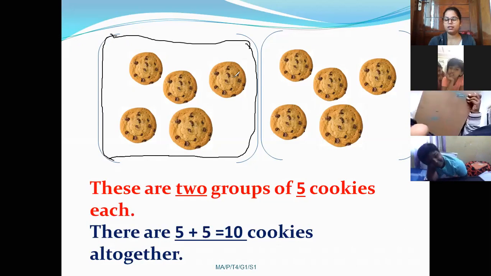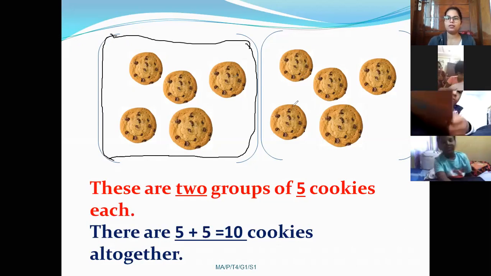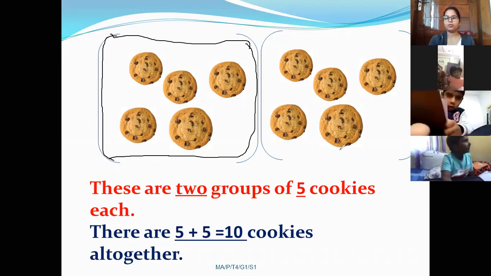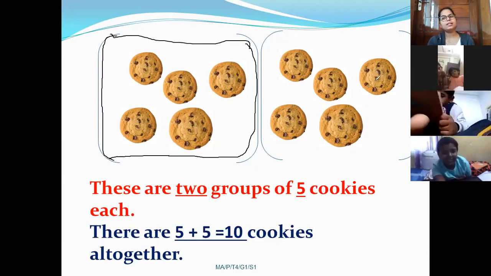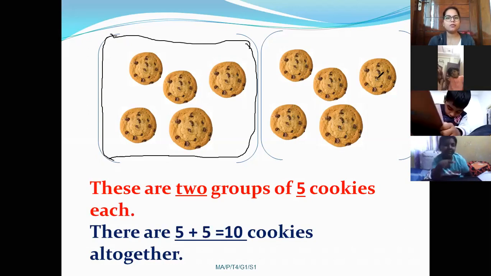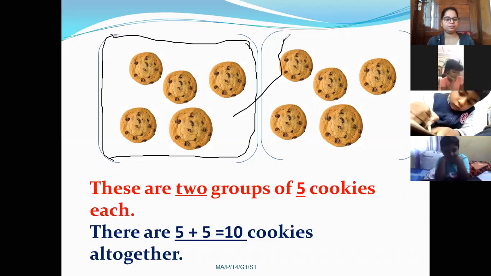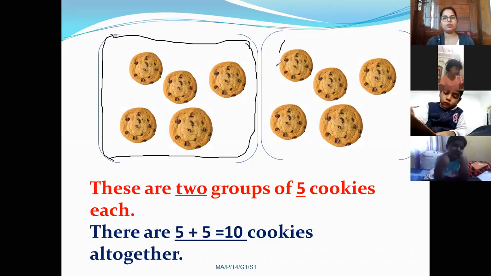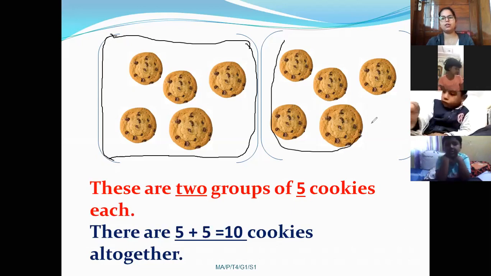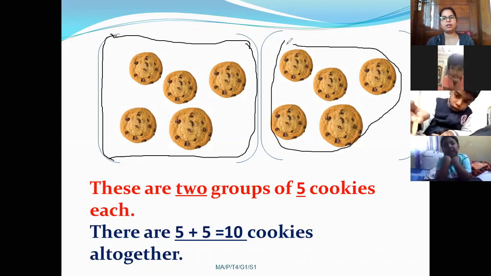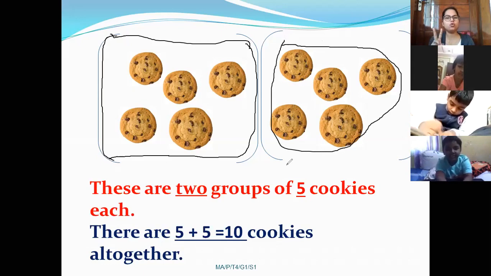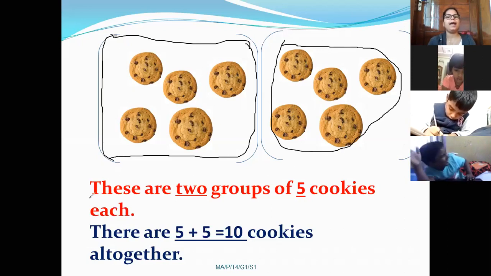5 cookies are there. Let us count the number of cookies in the second group. 1, 2, 3, 4, and 5. In this second group also, there are how many cookies? 5 cookies. So total how many groups are there? 1, and this is your second group. We have here 2 groups, and in one group, there are 5 cookies.